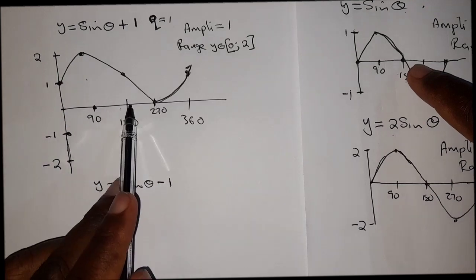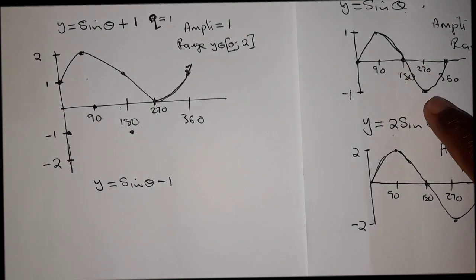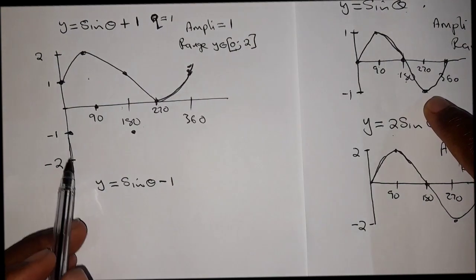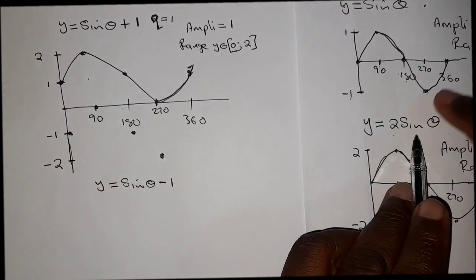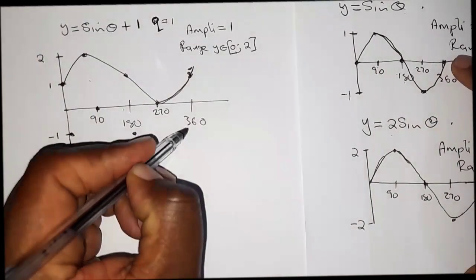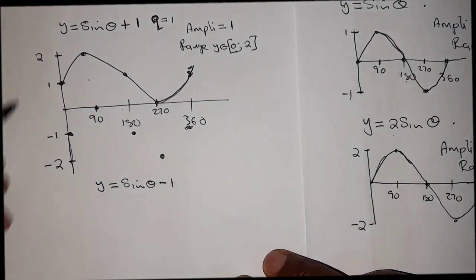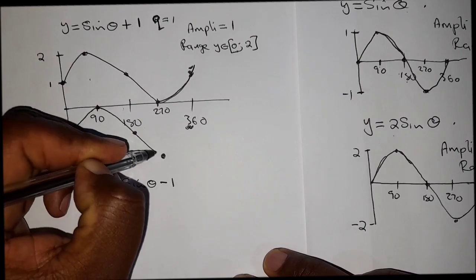It was at 0, so it goes down to negative 1. It was going down to negative 1, so it now goes down to negative 2. Then it goes up to 0, so it's now going up to negative 1 there. So when we draw it, it's like this.